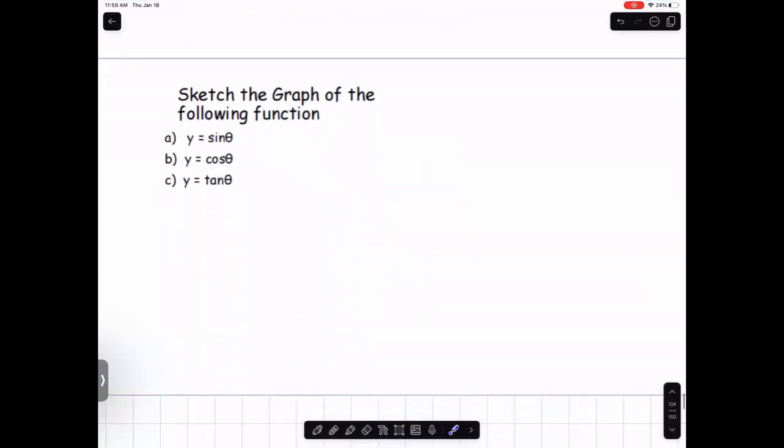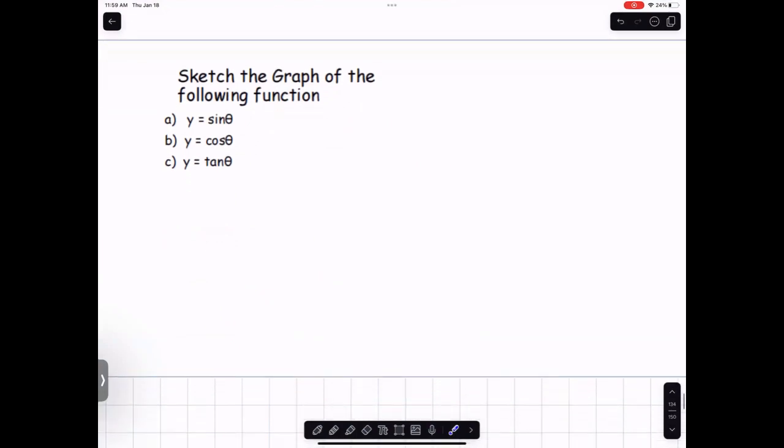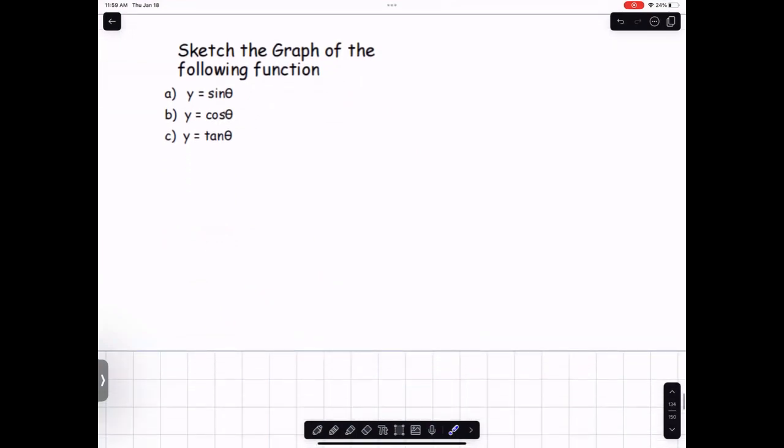We have done what trigonometry is, so we know our sine and cosine, and tan is what we are focused on. So we are going to look at sketching the graph of the following functions. A is y equals sine theta, B is y equals cos theta, and C is y equals tan theta.